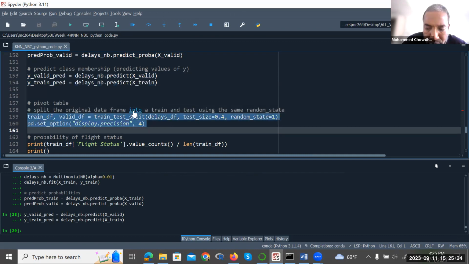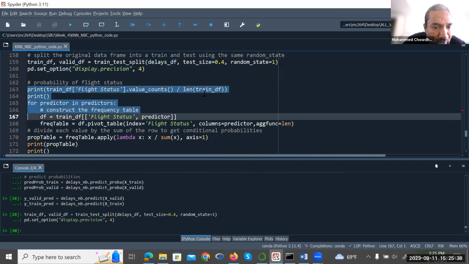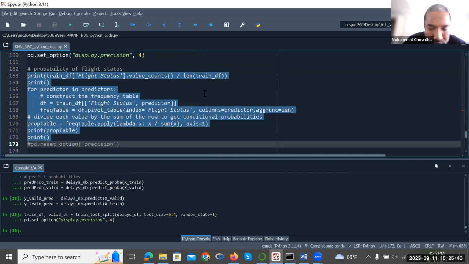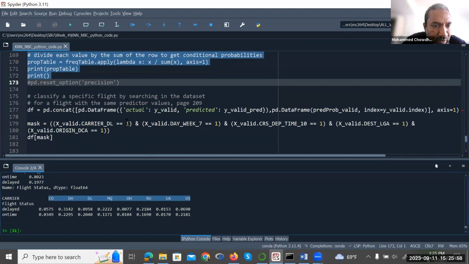I'm creating the pivot tables. And finally, I want to take a look at, in this case, carrier and flight status, delay and on time. And this is the carrier, so that means Delta, and then these are the names of the airline carriers.